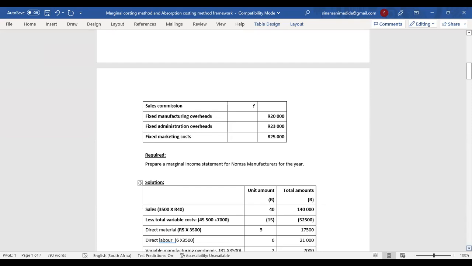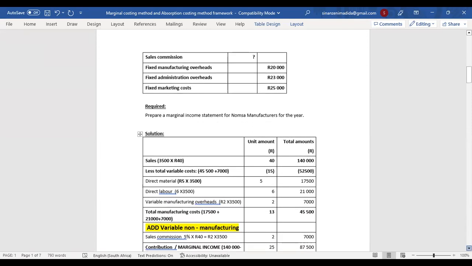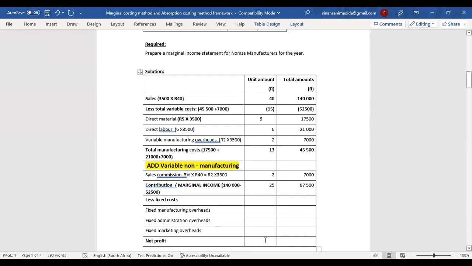We take them to our solution. The first line, we said we want fixed manufacturing overhead. Our fixed manufacturing overhead is gonna be 20,000. We are given in total, guys.